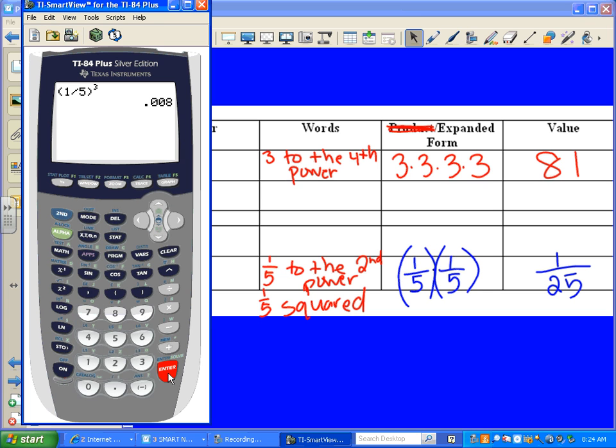You want to know how to change it back to a fraction? Hit math, enter, enter. So there we go, 1 over 125th.